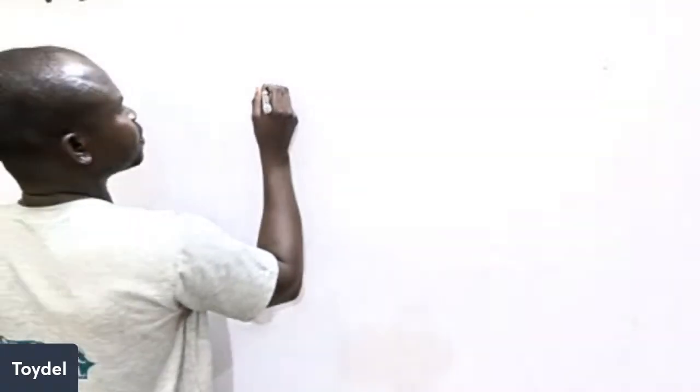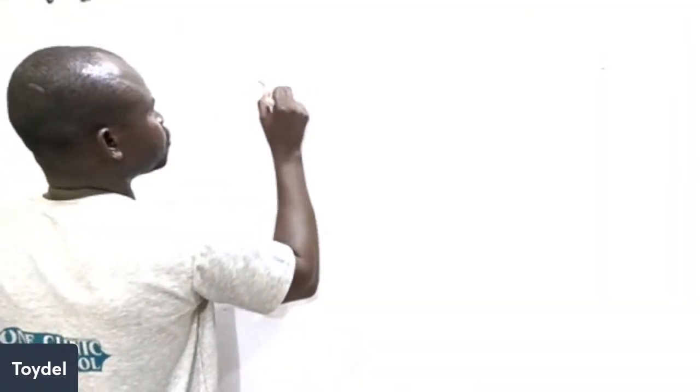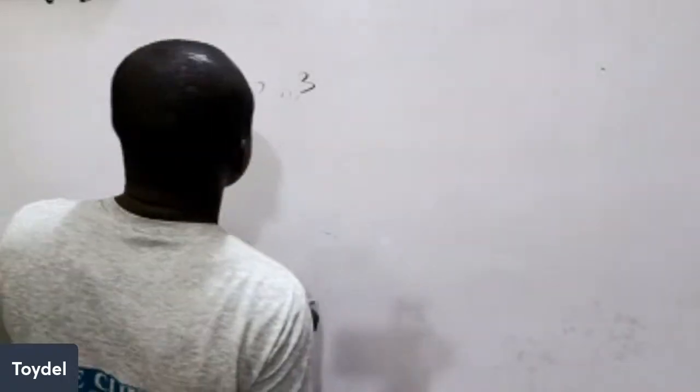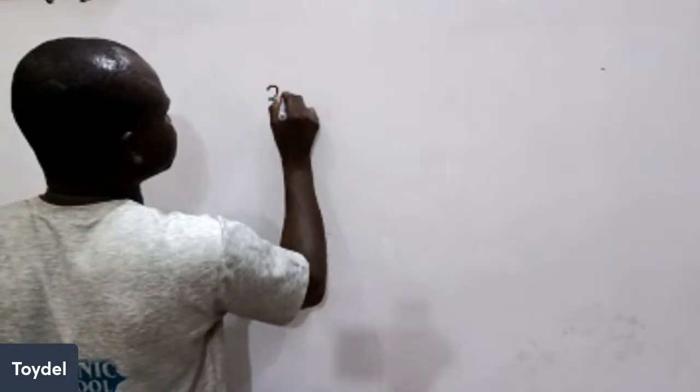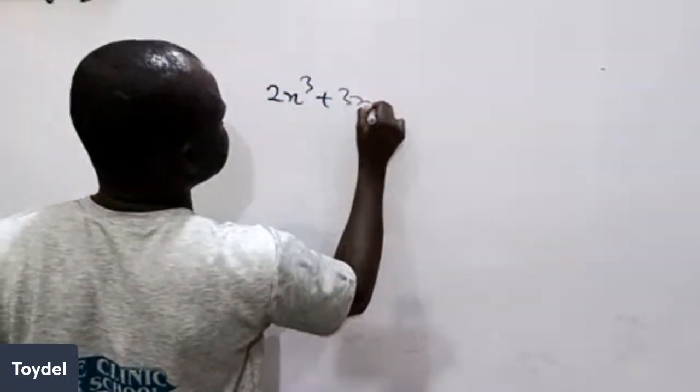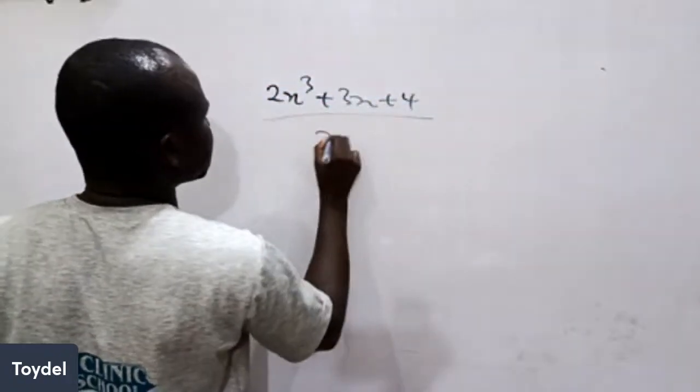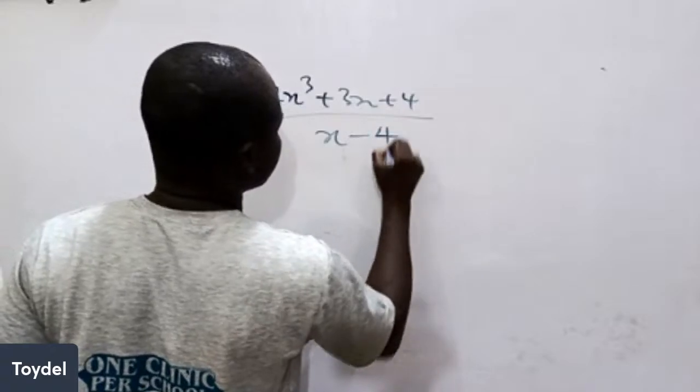For instance, if you have something of this nature, 2x cubed plus 3x plus 4 all over x minus 4.